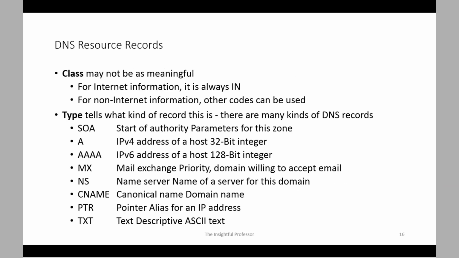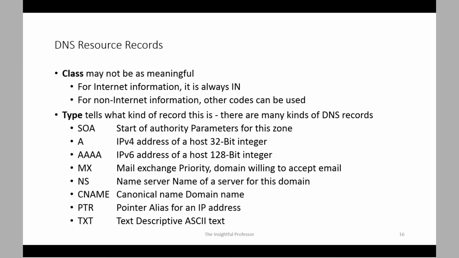Class might not be as meaningful, but for internet information, it's always going to be IN. For non-internet information, there are other codes that can be used. Type, on the other hand, tells what kind of record this is. Remember, we said that there could be multiple resource records returned in response to a query. So the type is going to indicate what kind of record this actually is, the nature of the information contained within the record.